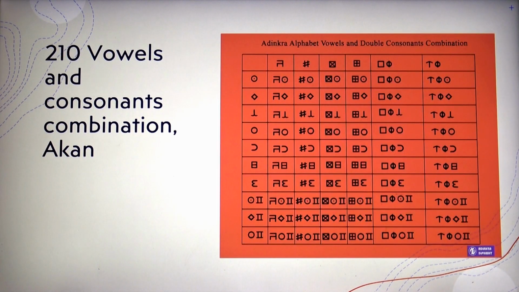And then you have also the double consonants. So this is Je, She, Che, Nye, and Yue, and then Tre, Twe. All these in combination give you a total of 210.